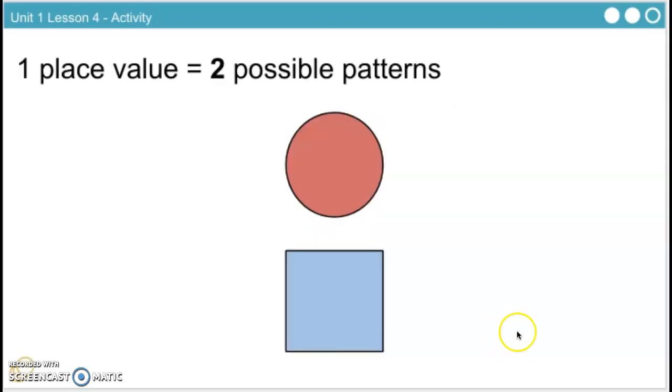So here we have, when you only have one place value, which, in our number system, we're talking base 10, ones, tens, hundreds, thousands, 10,000s, 100,000s. So here we're talking about one place value. With one place value, we can only have two possible patterns, a square or a circle.